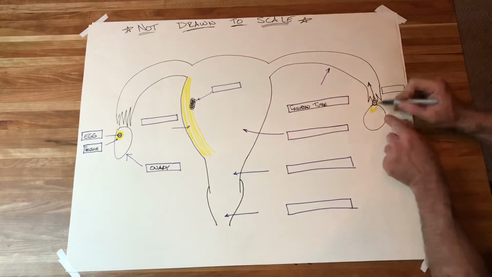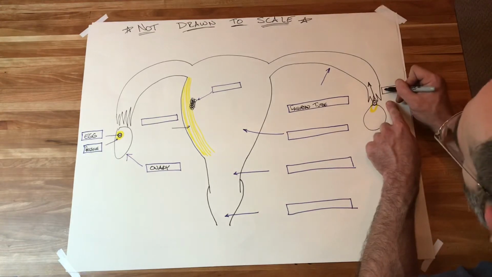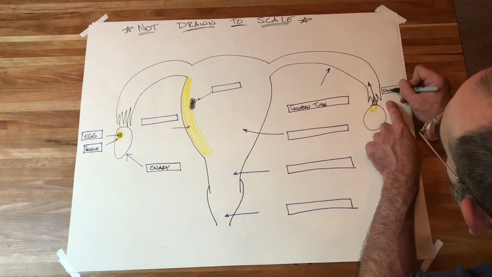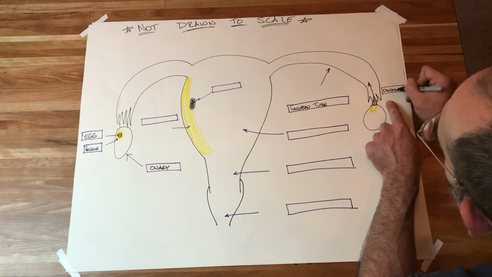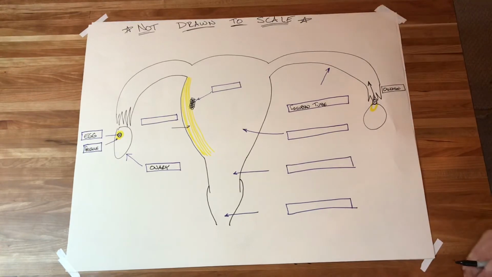This process of the egg releasing from the ovary is called ovulation. It travels down the fallopian tube.